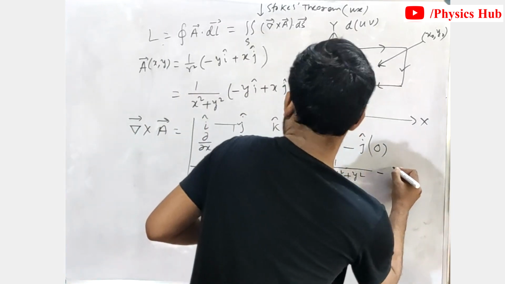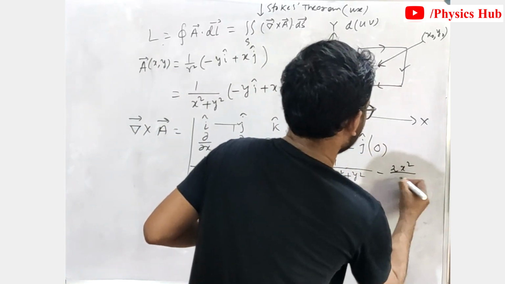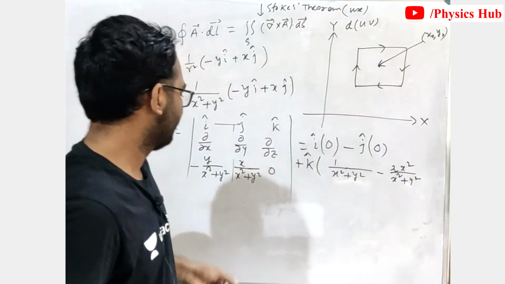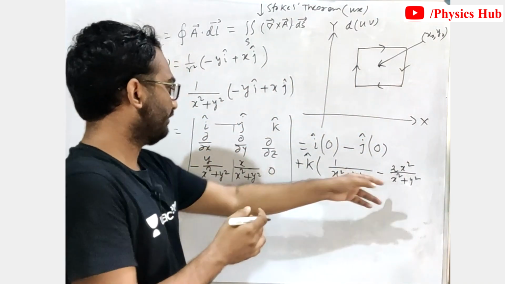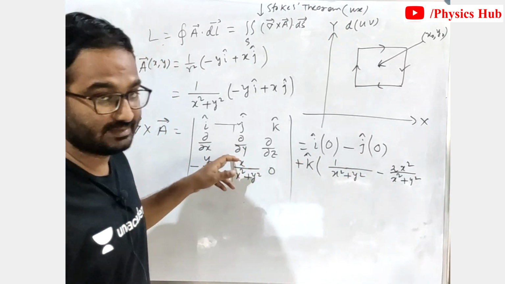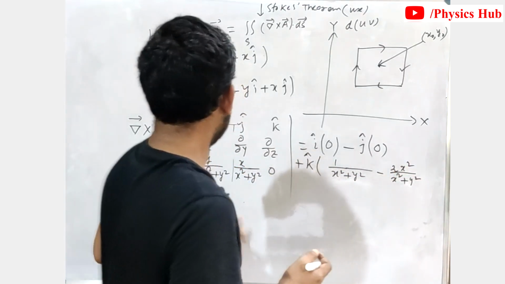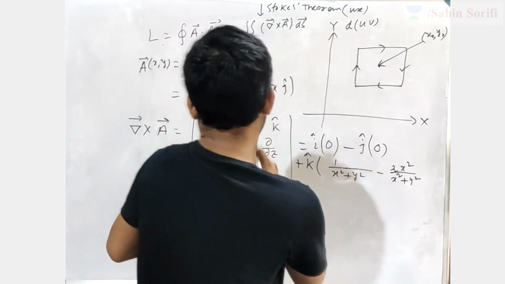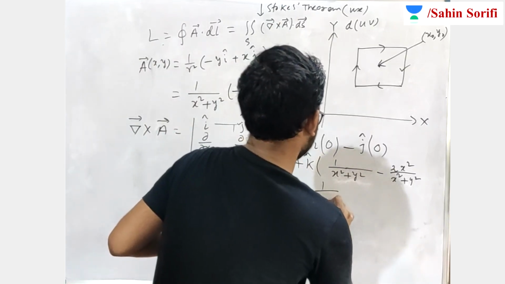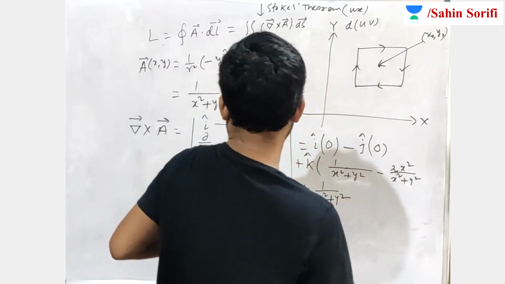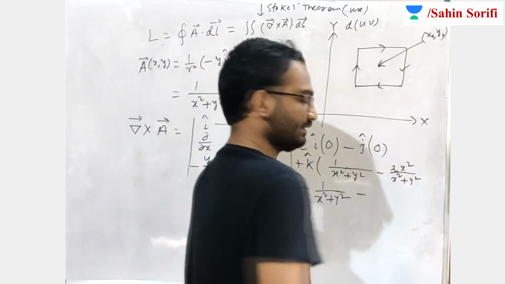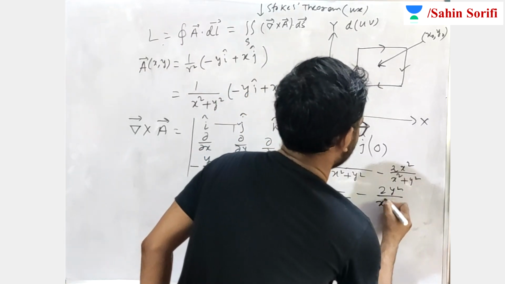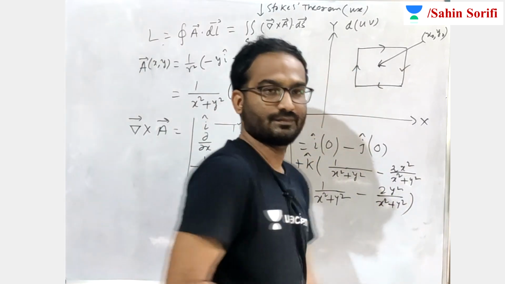Then minus 2x square divided by x square plus y square whole square, since minus 2x comes from the derivative and another x is there. Then we follow the same thing for the other term, and minus will come, this will give you 2y square divided by x square plus y square whole square.